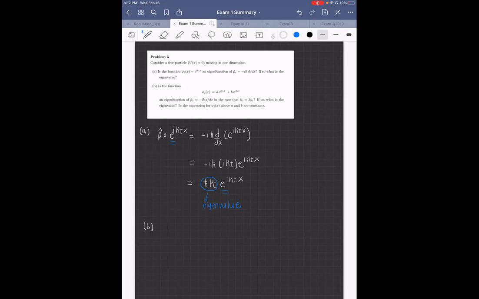And it's asking to do the same thing with this function to see if it's an eigenfunction. So what you do is apply this. And that's going to be, so that momentum operator is a linear operator, which means you can apply it linearly to the function.